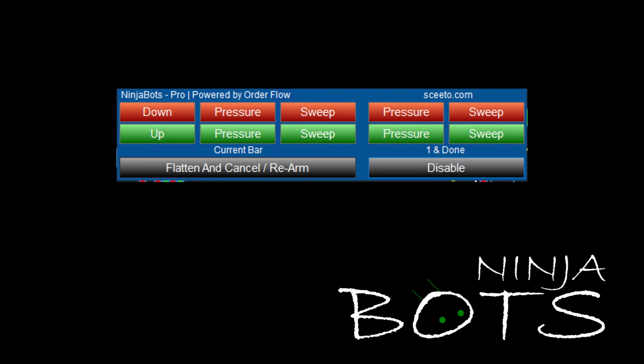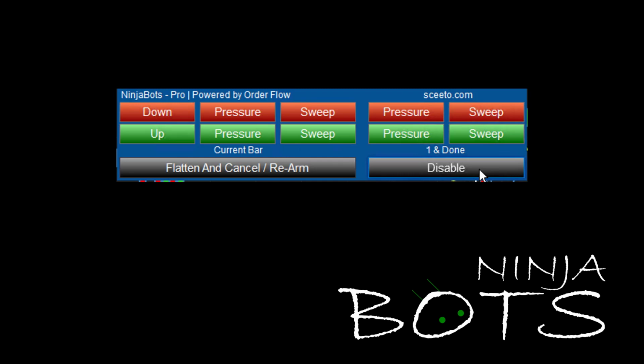In this scenario, I'd recommend looking at these 6 buttons, which are focused on the current bar. If you engage them and the signals don't occur on that bar, the bot will turn itself off. However, to the right here, if you click any of these, the bot will stay on until the event occurs.